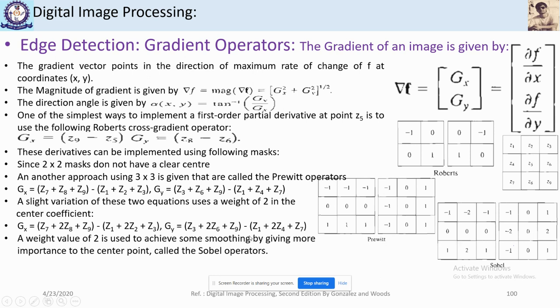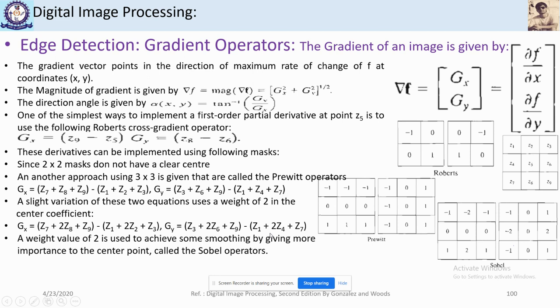Now, what is the advantage of using this Sobel operator? A weight value of 2 is used to achieve some smoothing by giving more importance to the center point. So here we give more importance to the center point, and by doing so we get smoothing in the output. Right?